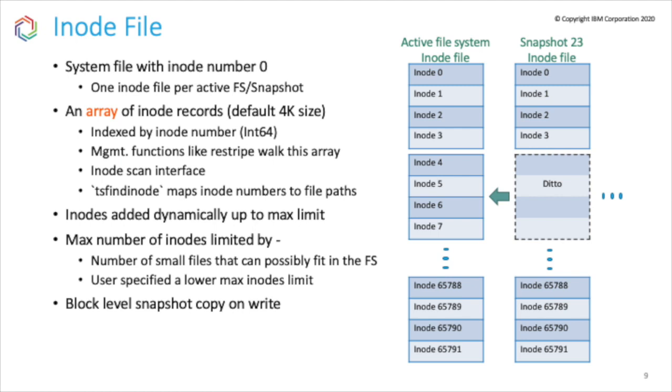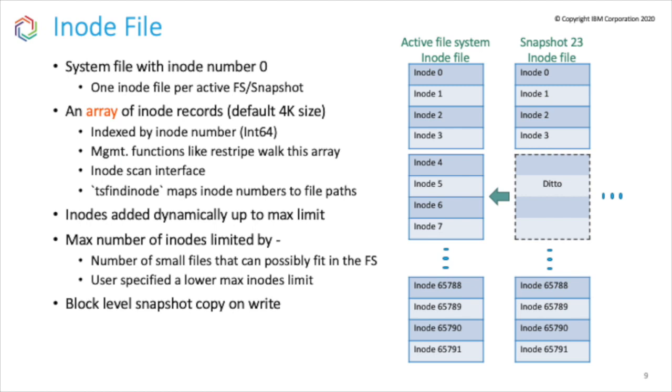The inode size is 4K. So either inodes can contain user data if they are smaller than the 4K, or the data would have to move into a separate data block. You cannot have partial data in the inode and partial outside the inode. So it's either all in or outside.